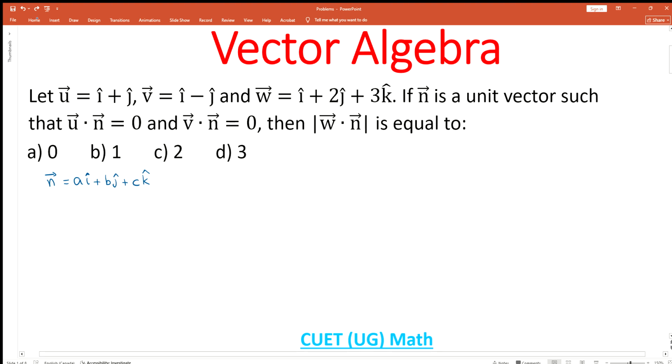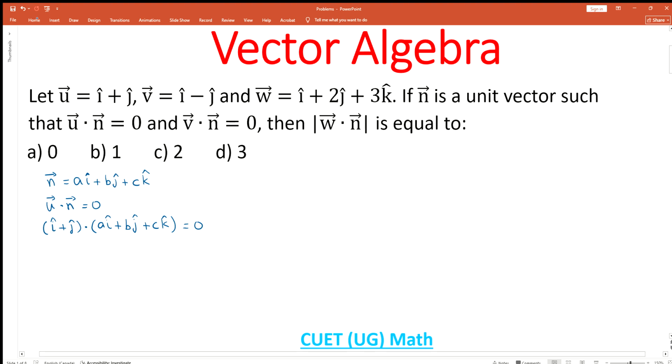As per the problem, the dot product of vector u and vector n is equal to 0. We can calculate the dot product. Vector u is i plus j. Vector n is ai plus bj plus ck. We can do the dot product of the vectors by multiplying the i, j and k components.